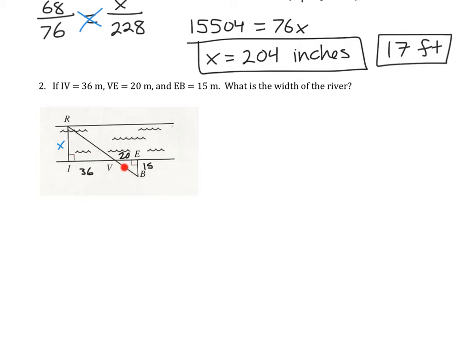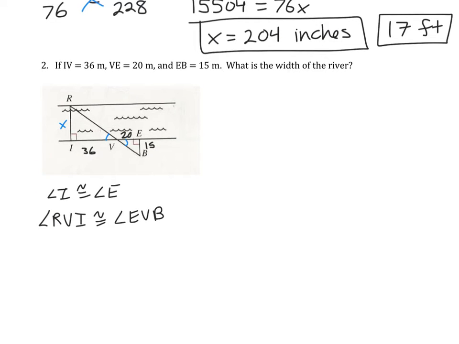So before we are able to set up any type of proportion, we do need to make sure that these two triangles are similar. So you'll notice here that angle I is congruent to angle E. It's given. And we can also state that angle RVI is congruent to angle EVB because they are vertical angles.